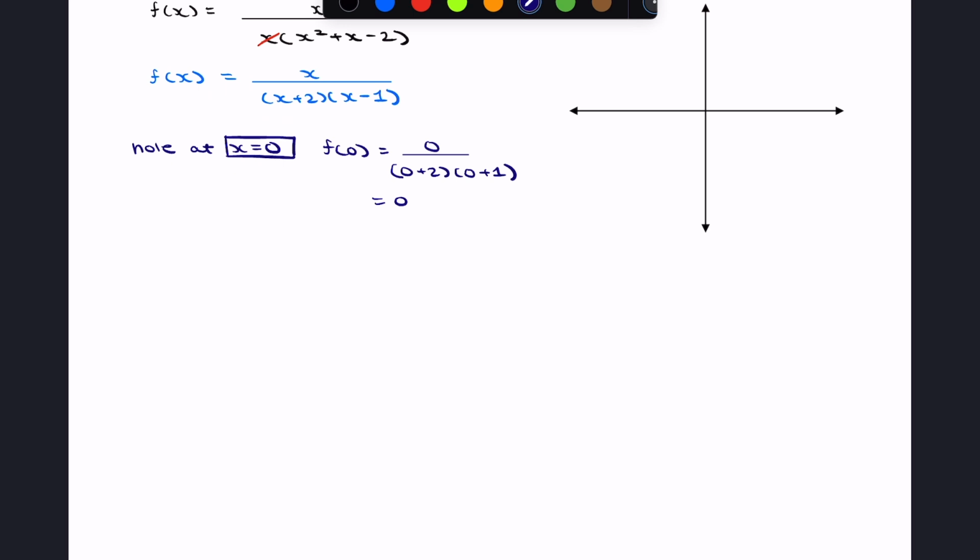We have our x-intercepts and y-intercepts. So here our x-intercept is x is equal to 0. Again, that's when y is equal to 0.